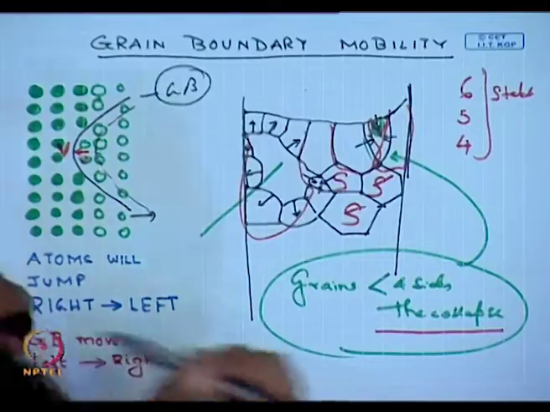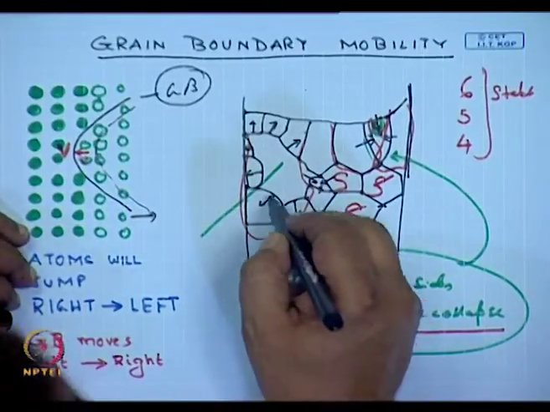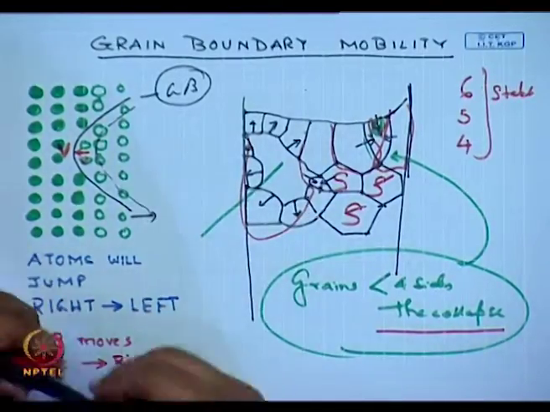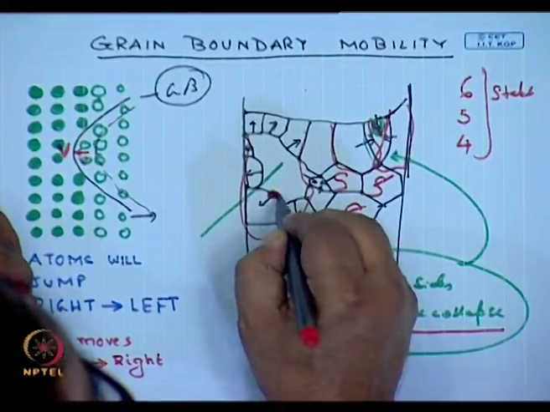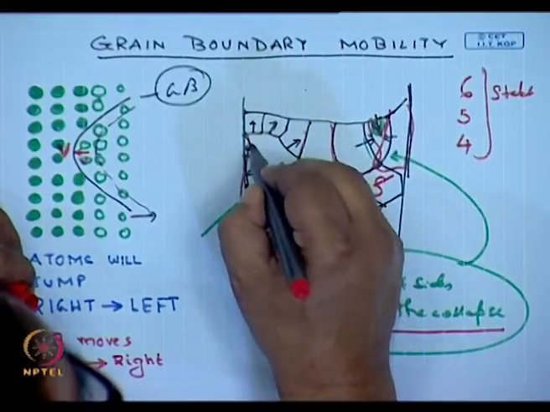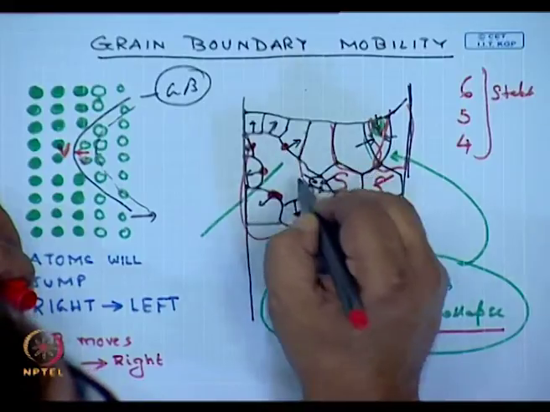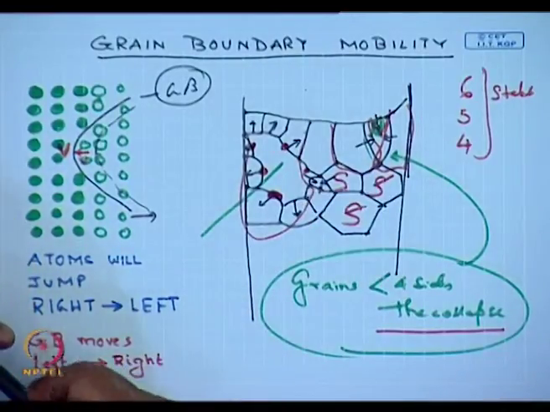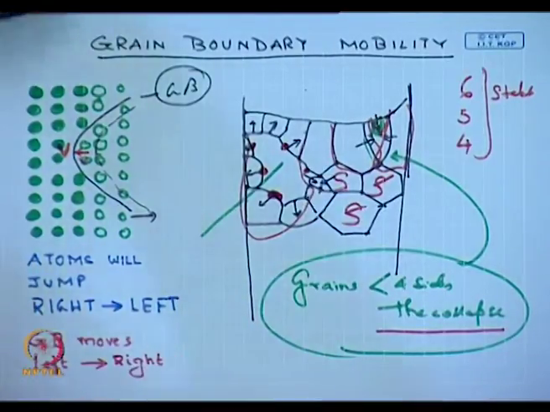Let us presume that in this diagram, as I said, this grain will grow very huge. But let us presume in this diagram we had solutes at the grain boundaries. What would happen? These solutes would take time to dissolve.